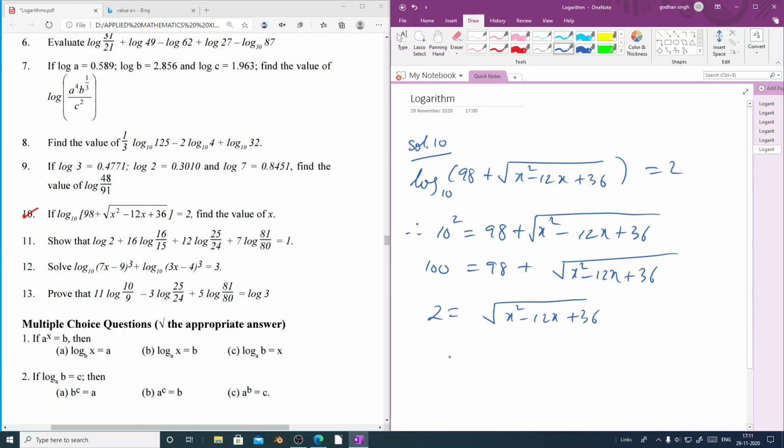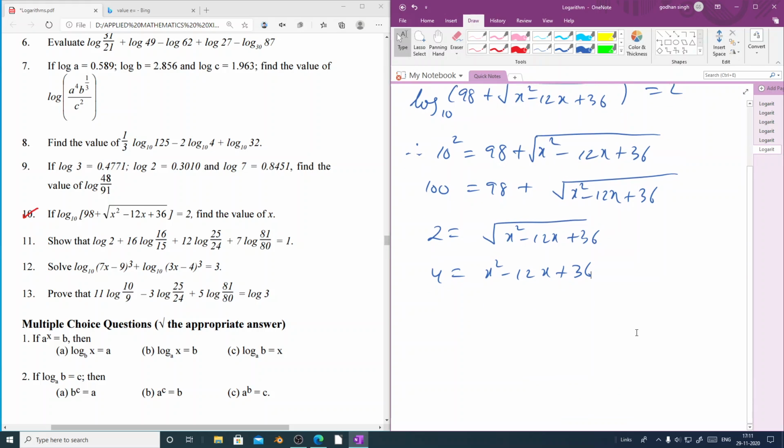Now taking the square on both sides, we will be getting 4 equal to x square minus 12x plus 36, and this will give us, therefore, x square minus 12x plus 32 equal to 0.